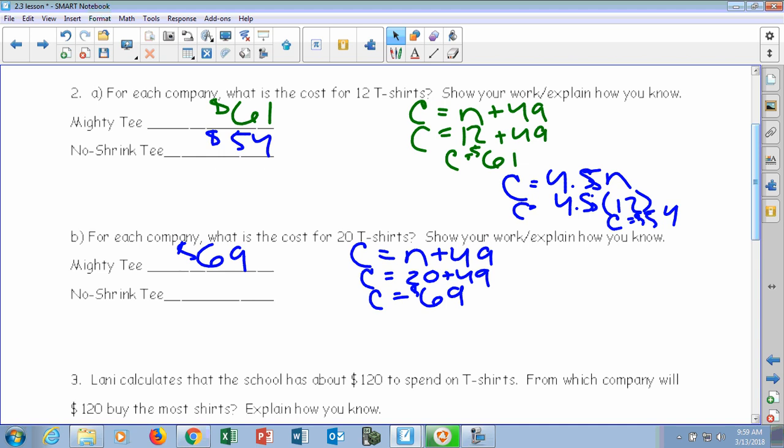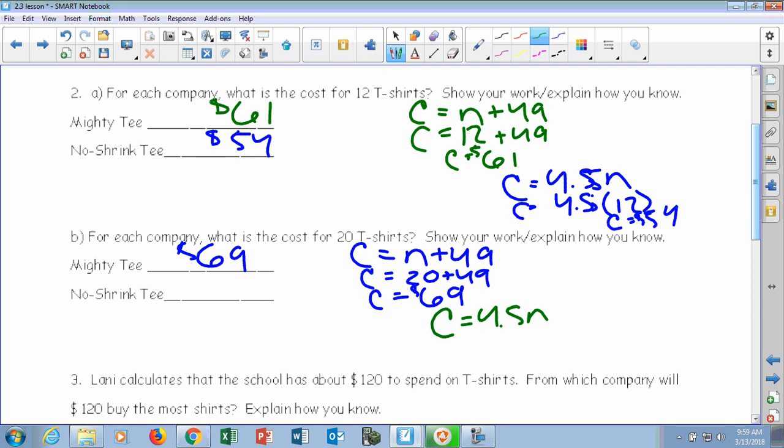And then again, I'm going to do the same thing for the No Shrink T's. Philip, my equation, C equals 4.5N, right? Because we created that on that last page. We're staying with the same equations and everything. If they told me 20 t-shirts and they want to find the cost, how am I going to determine the cost? Multiply it.